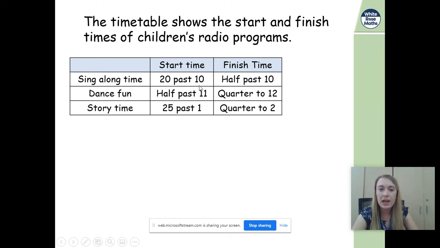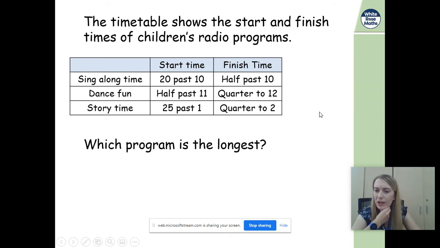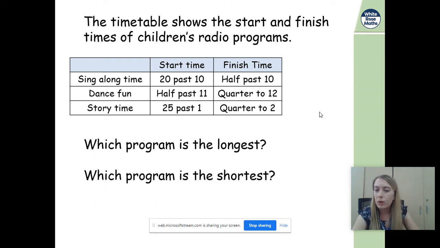We have 20 past 10, 11:30, 25 past 1 that it started, and it finished at 10:30, 11:45, and 1:45. Which program's the longest? How do we work out which one is the longest? I think we need a clock for that. Which program's the shortest? How do we work that out? I think we need to look at a clock.